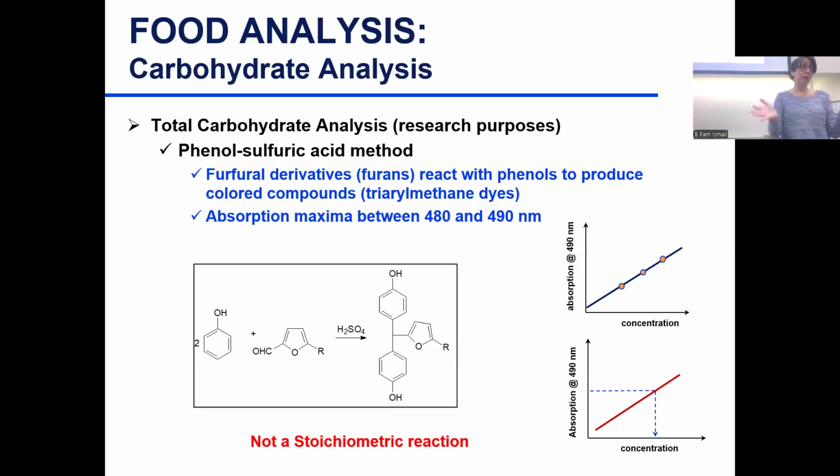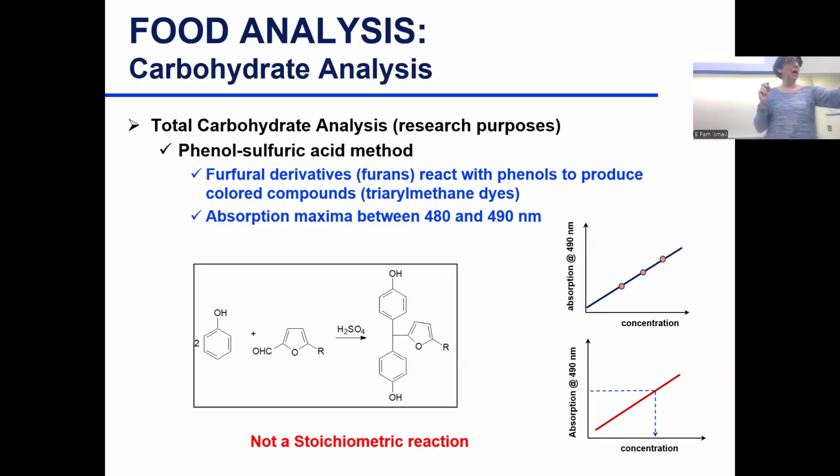If you know you have sucrose in there, and fructose and glucose come out of it, then you might want a mixture of fructose and glucose in your standard to prepare the standard curve. Why? Because it's not a stoichiometric reaction. Do you know what that means? What is a stoichiometric reaction from your general chemistry?